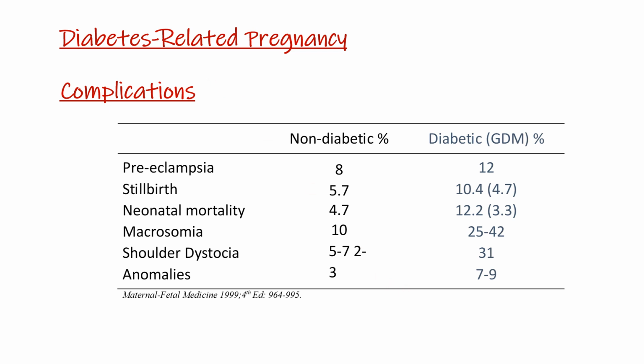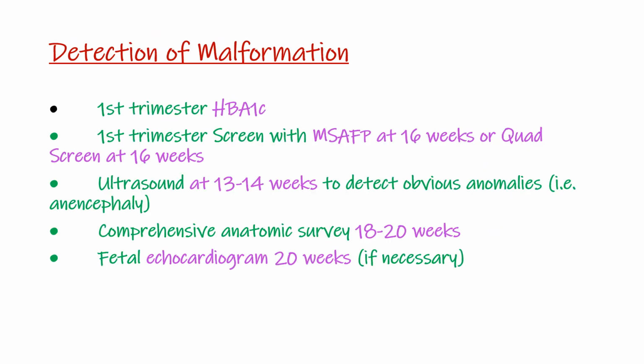Kindly note, in pre-existing diabetes mellitus we have predisposition to anomalies, compared to gestational diabetes mellitus. This is because gestational diabetes mellitus occurs past organogenesis, that is, past 16 weeks, after we have already had our organogenesis. However, pre-existing diabetes mellitus is present during organogenesis, so it affects the development of organs.